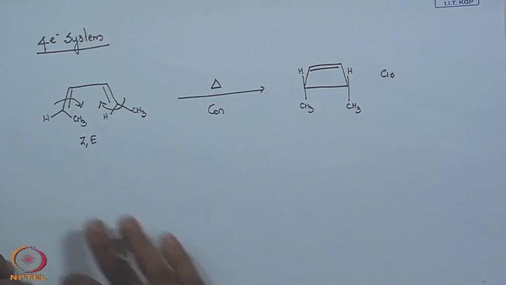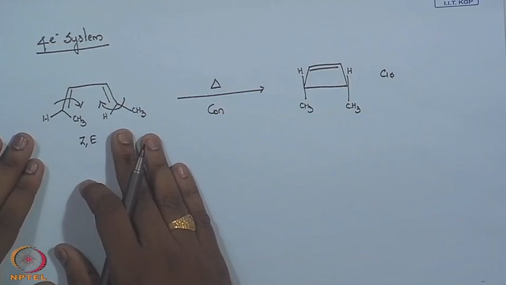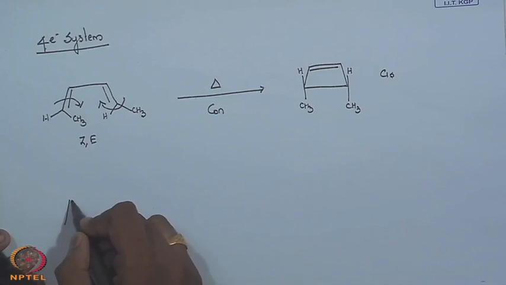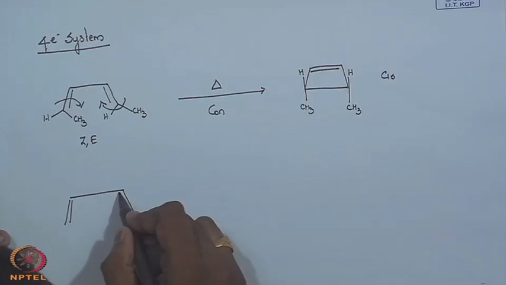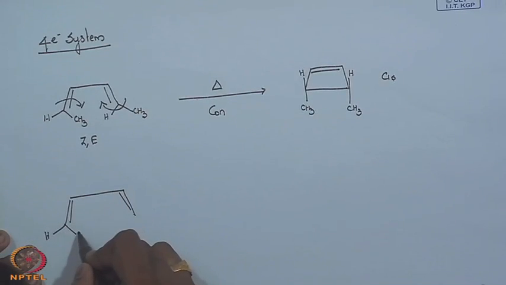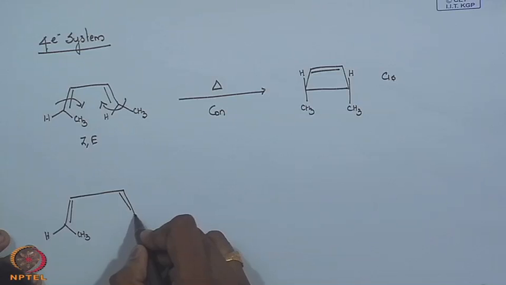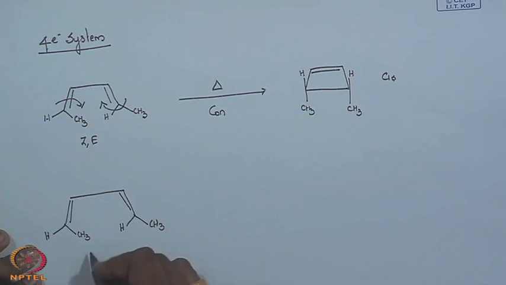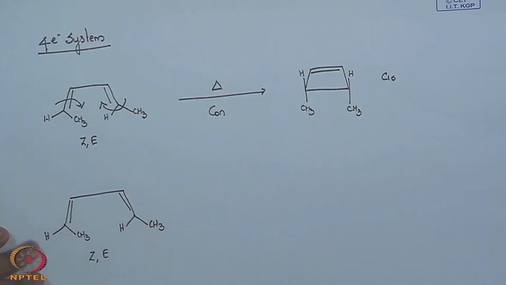Now, if I do this same chemistry under photolysis, then what will happen? For example, I take the same molecule, the same diene system, the Z,E system.